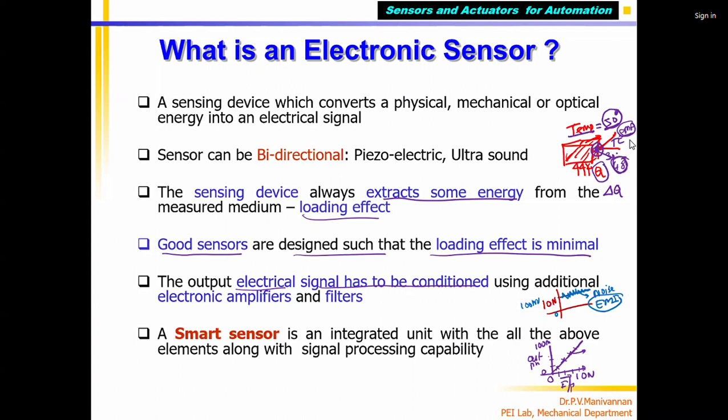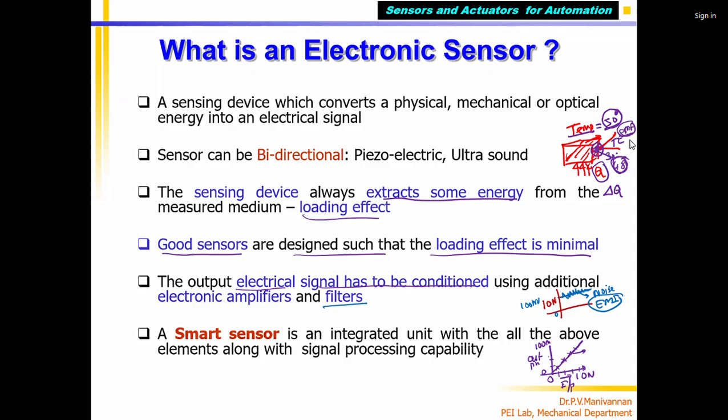So the original signal is a flat curve, but above that is the noise, and both are added together. The signal coming out of the sensor has the electrical voltage proportional to the input and also the noise. So noise should be removed. For that, we need to use filters. That's what we are going to see in the next chapter, on electronic amplifiers and filters.